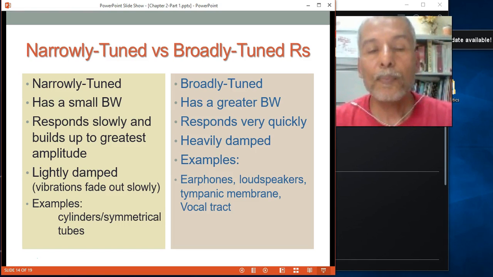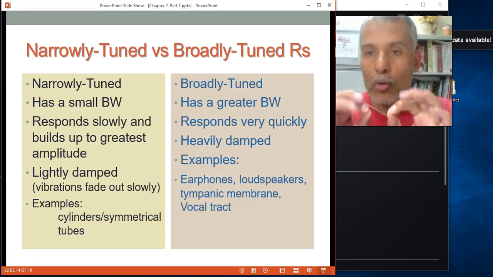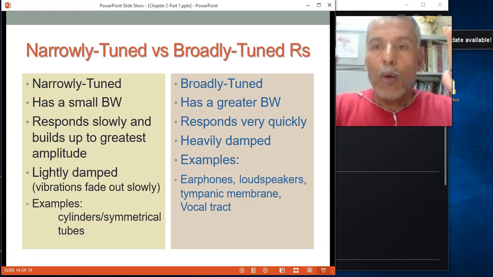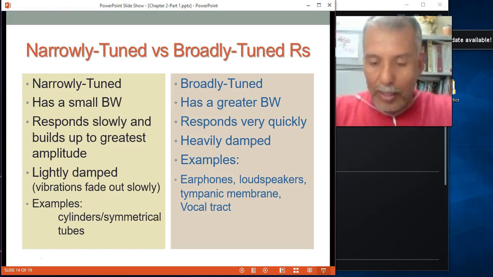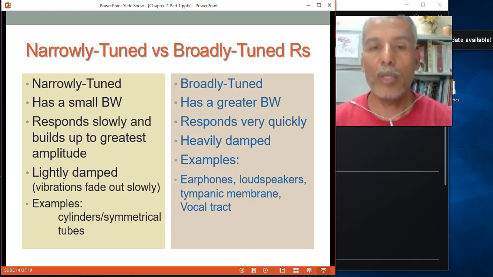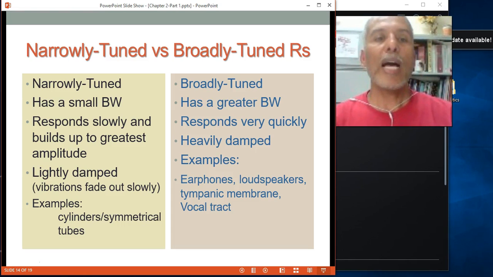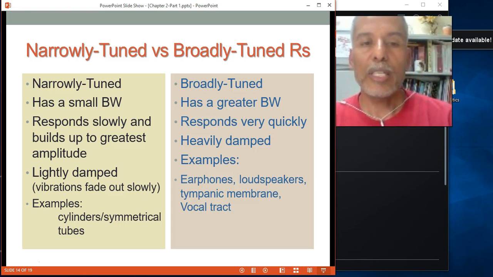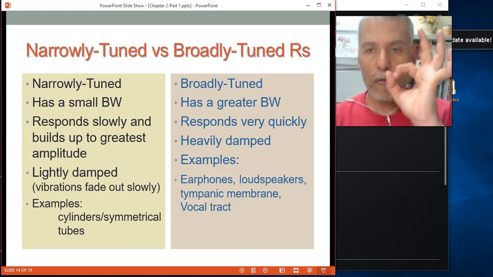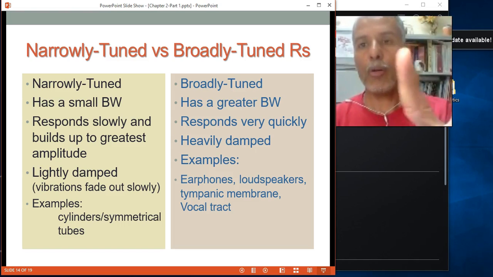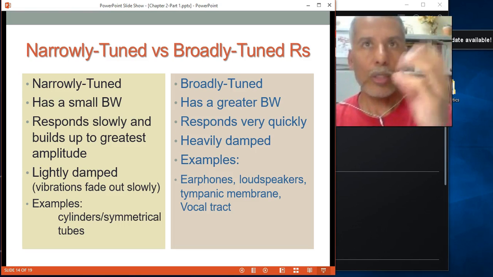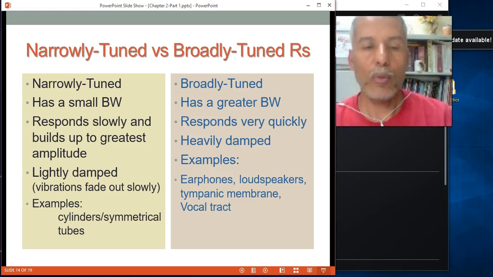In addition, a broadly tuned resonator, once you play the tone, it buzzes immediately. Once the tone is done, the thing is heavily damped, it immediately stops. It doesn't give you delayed feedback. So examples of narrowly tuned resonators are cylinders. They are perfectly shaped and symmetrical, and they don't allow just any kind of frequencies to go in.